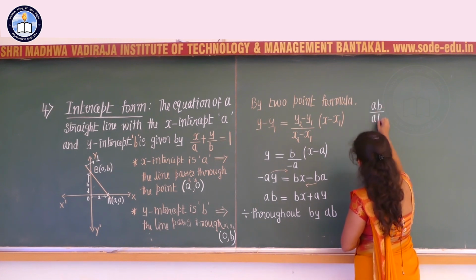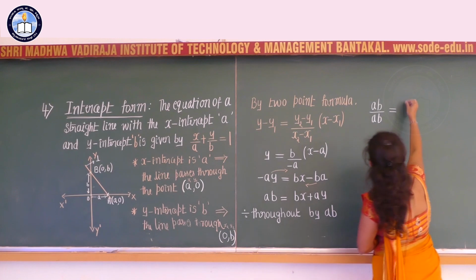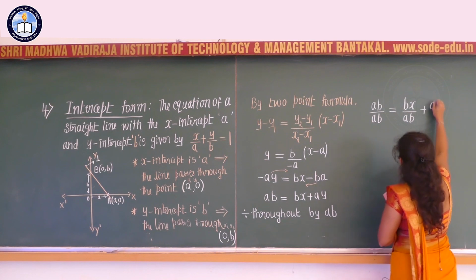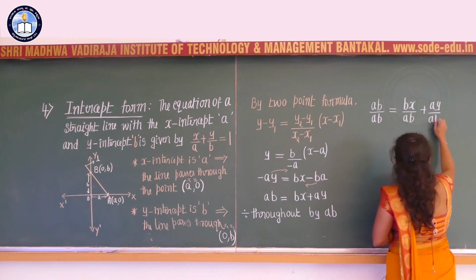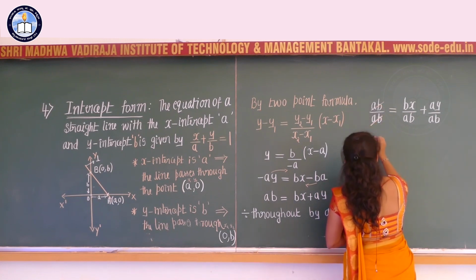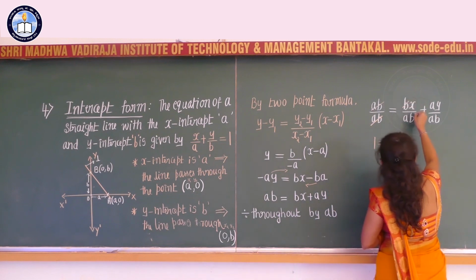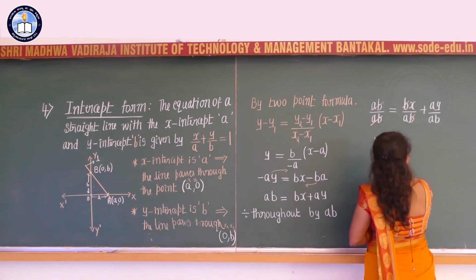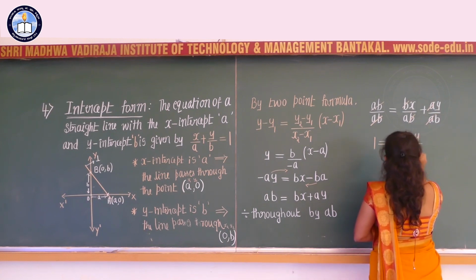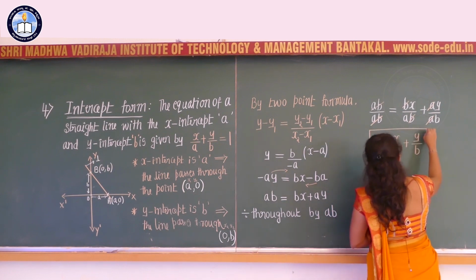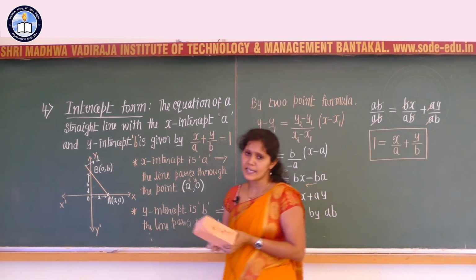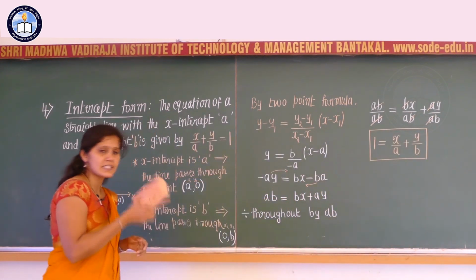Then bx divided by ab plus ay divided by ab is equal to ab divided by ab, which is 1. B cancels with b, so x divided by a, and a cancels with a, so y divided by b. This is the standard formula for the intercept form, x divided by a plus y divided by b is equal to 1.